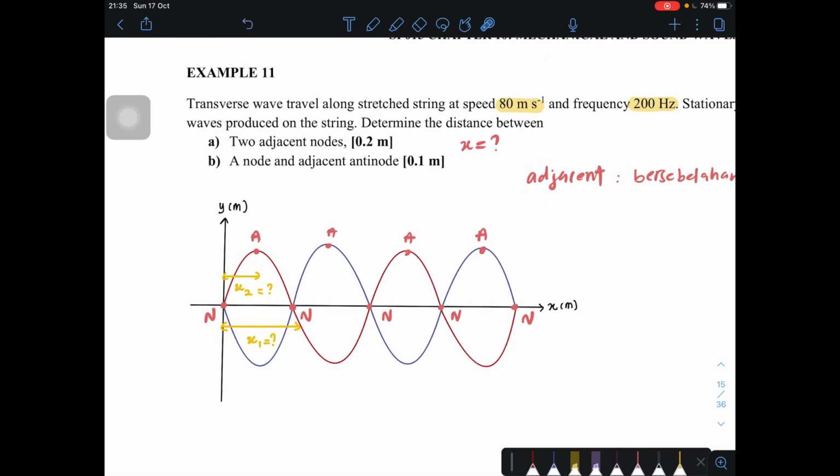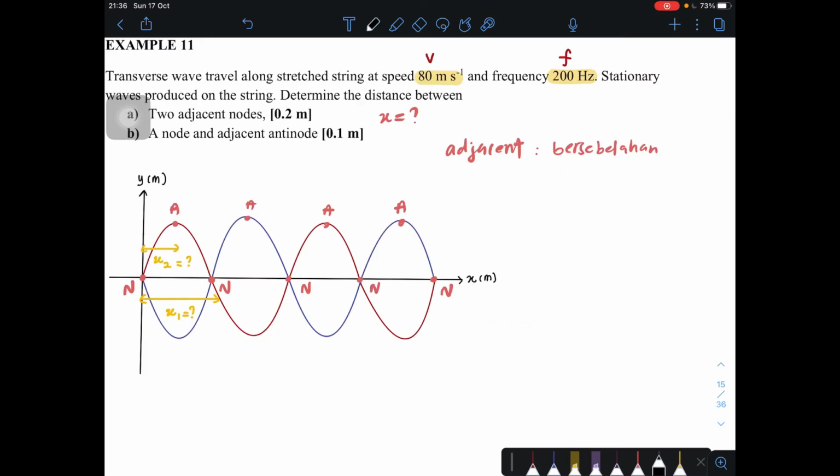So now how do we find this distance? Okay, so from the information that we are given, kita dibagi speed dan frequency sahaja. Okay, so speed is equal to f lambda. So daripada sini kita boleh dapatkan value untuk lambda. Okay, f adalah 200. So lambda sama dengan 0.4 meter.